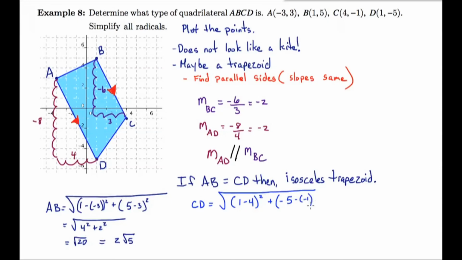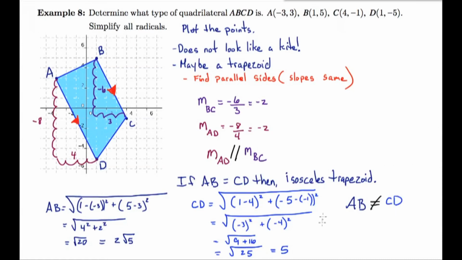Substitute my coordinates in the distance formula, and it doesn't look the same. I think it's going to be slightly larger. We get root 25, which is 5. So AB does not equal CD. It is not an isosceles trapezoid. It's just a regular trapezoid.